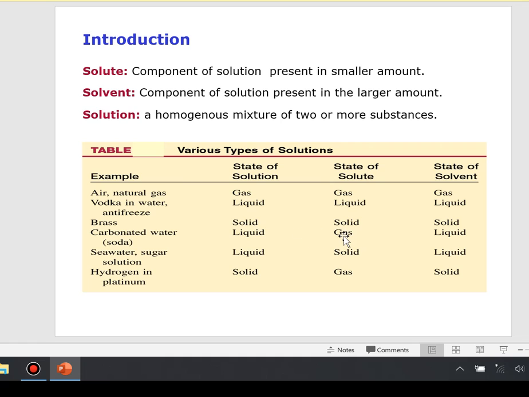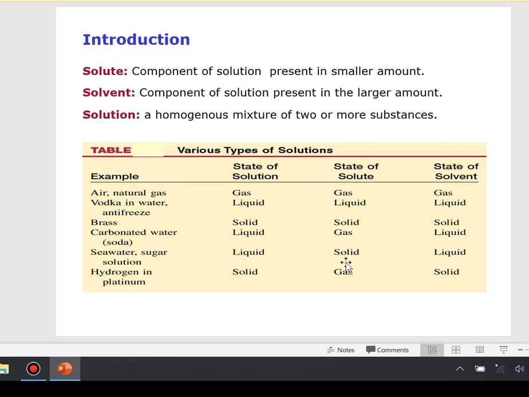Another type of solution is one in which the state of solute is gas and the state of solvent is liquid, such as soda water. In soda water, gas is dissolved into the liquid.